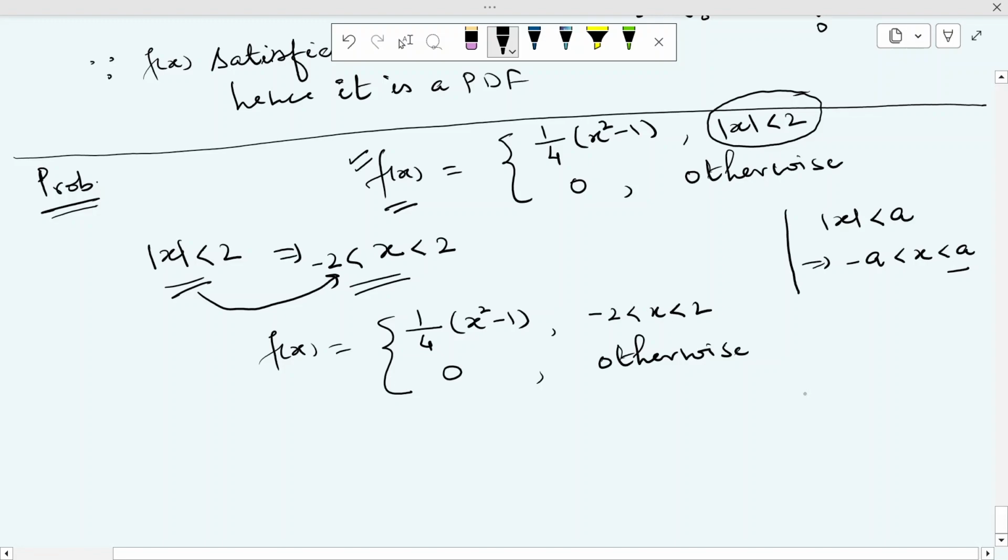Now if you again consider this real line, suppose this is minus 2 and this is 2, and in between minus 2 and 2 we have this definition.